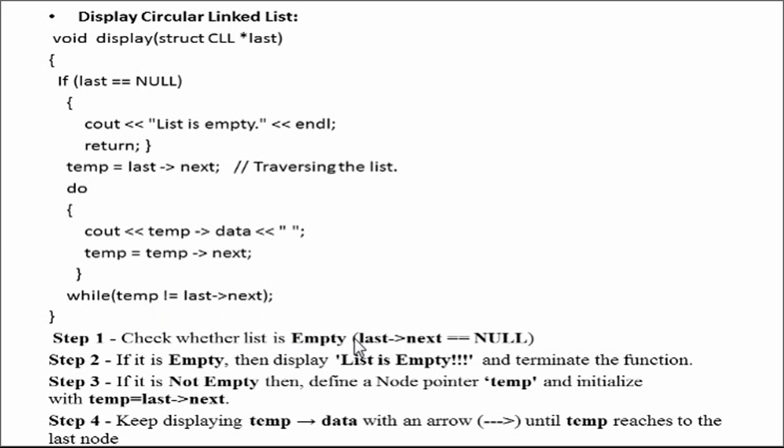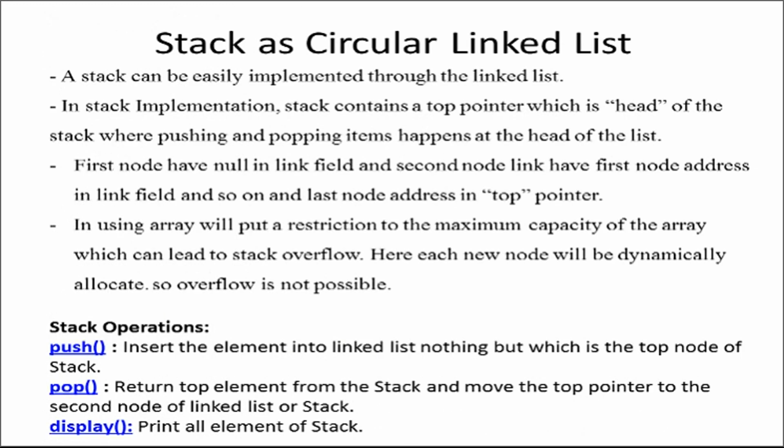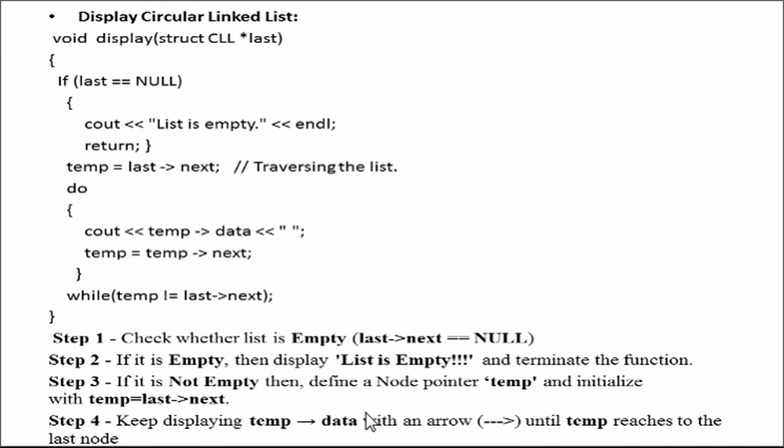These are all the operations we can perform on the circular linked list. In the next slide we will see how to implement stack and queue using a circular linked list.